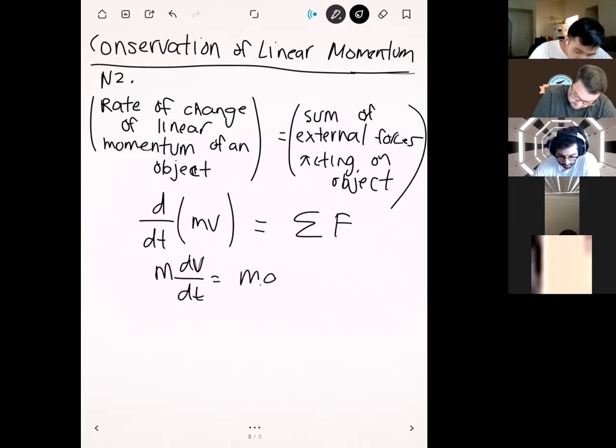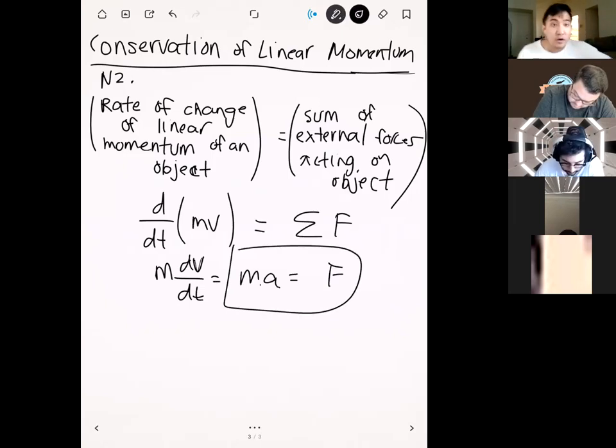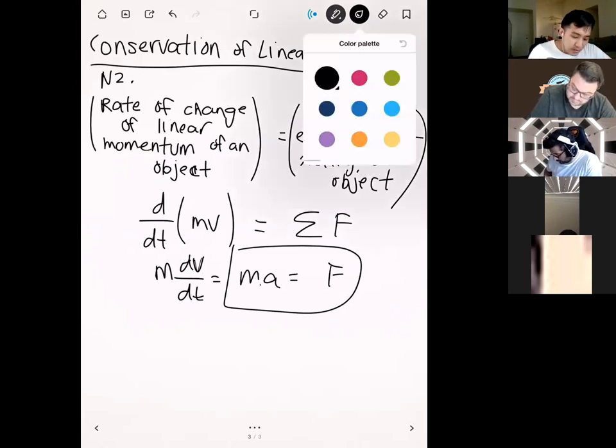So we have ma equal to F. This is just Newton's second law, another way of saying that the rate at which linear momentum is changing on an object is equal to the sum of the forces. If you push an object, its momentum is going to change. If you try to stop an object coming towards you, you're applying a force to change its momentum.